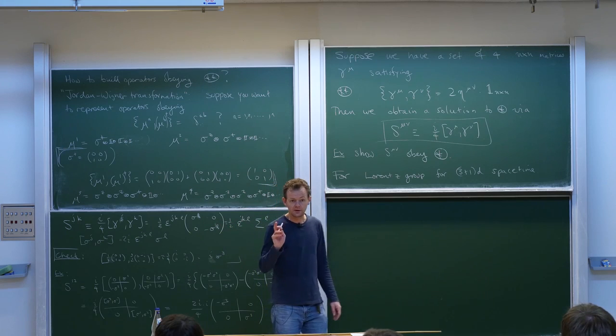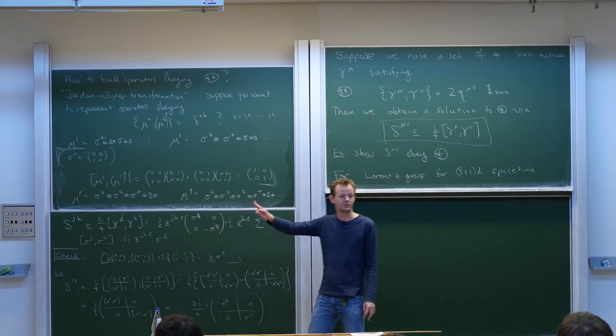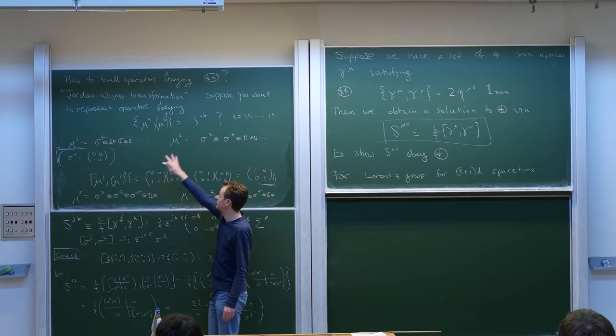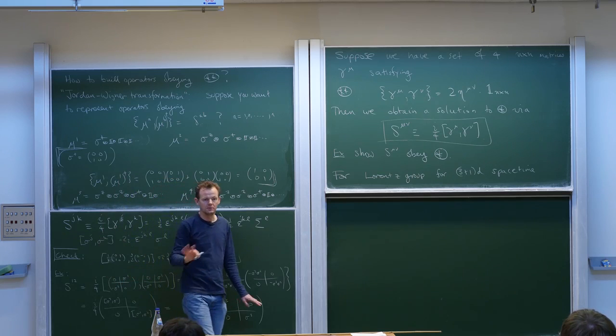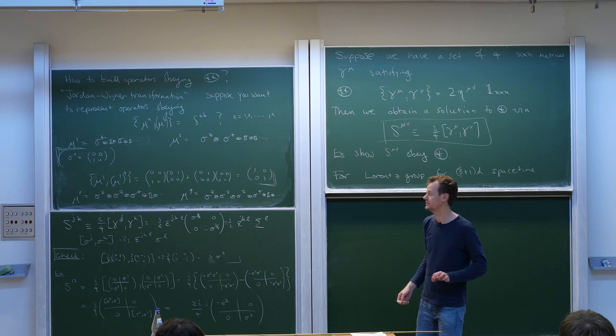So the trick is to find operators that anti-commute with each other. That's really the difficult bit, and the Jordan-Wigner transformation is the thing that does that. Once you've found a bunch of operators that anti-commute with each other, then everything else becomes making sure you get i's in the right place.